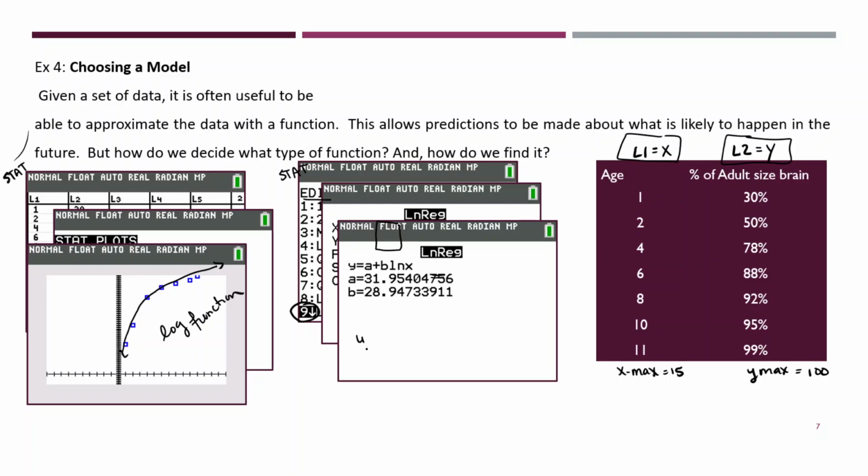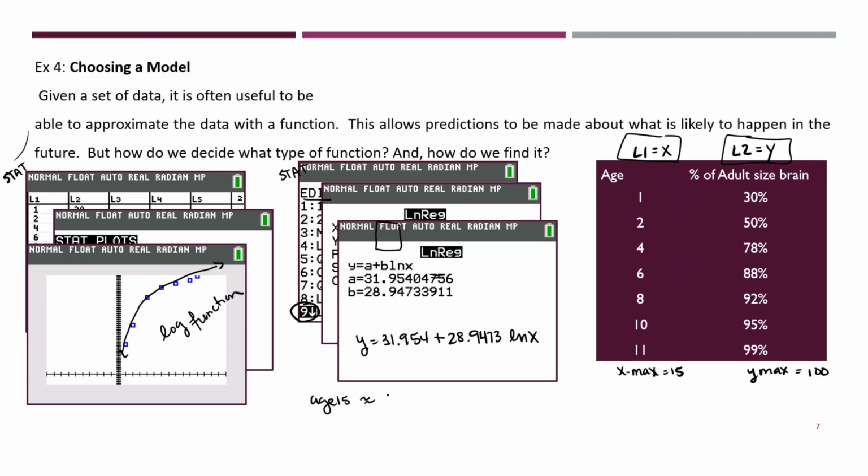So what this means is y is 31.954, okay, plus 28.9473 times the natural log of x. So if I want to make a prediction of, say, what is it for somebody that is age 15?